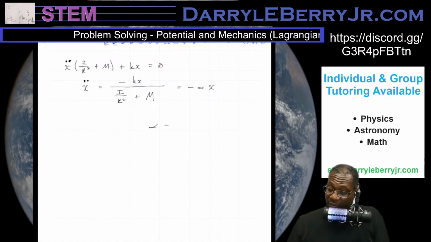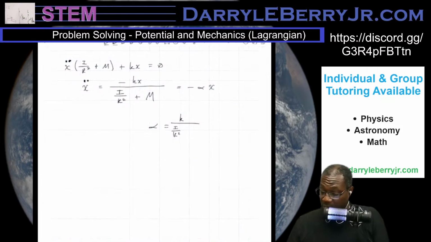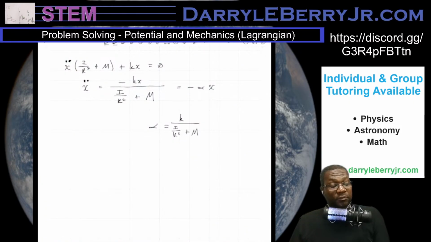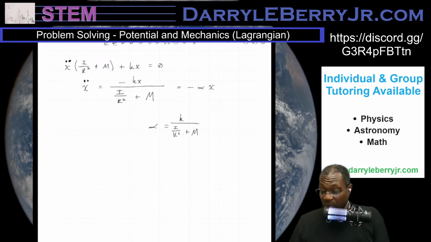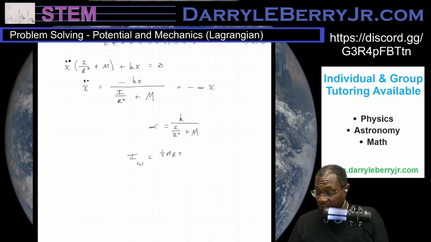Just say alpha equals k over I over r squared plus m, and I of a cylinder equals 1/2 m r squared.